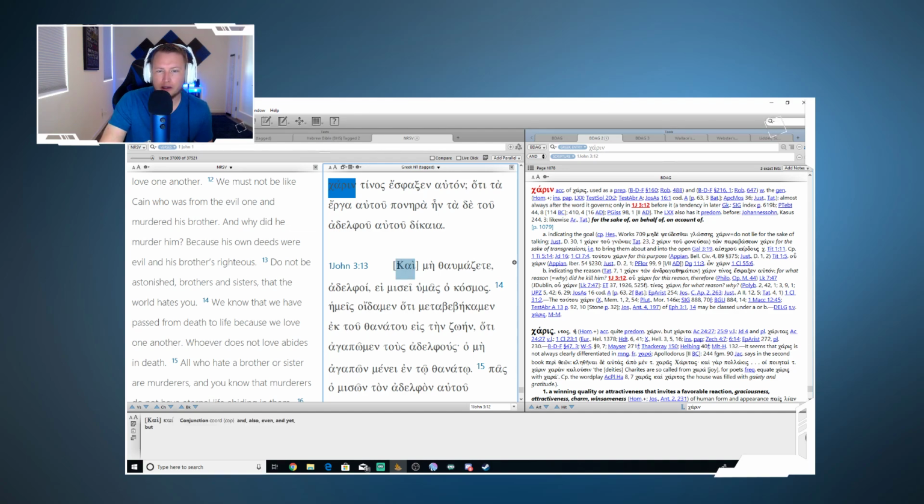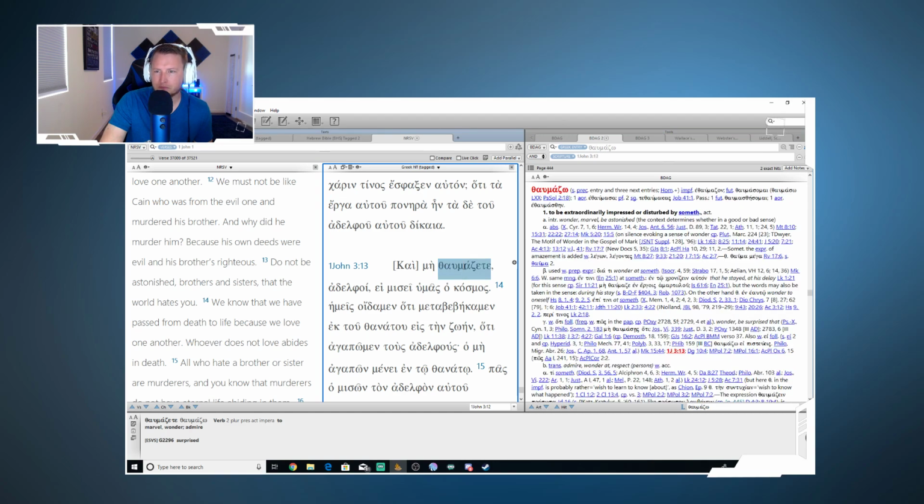So kai and mē thaumazete. Second person plural, present active imperative, to marvel, wonder, admire. With ei following, wonder, be surprised at. It's a command. Do not be surprised, brothers.